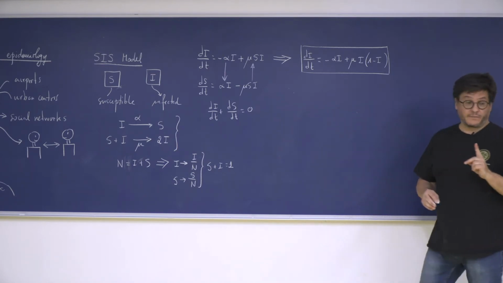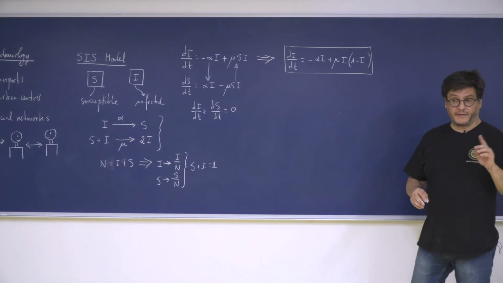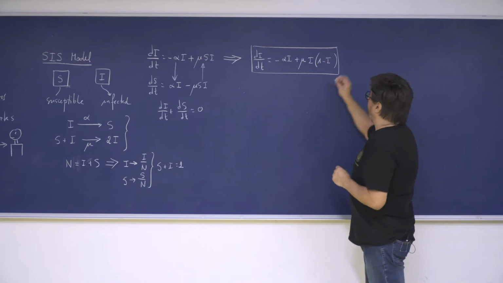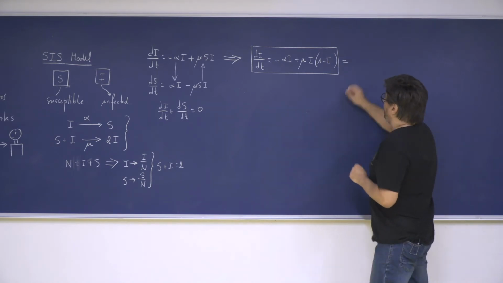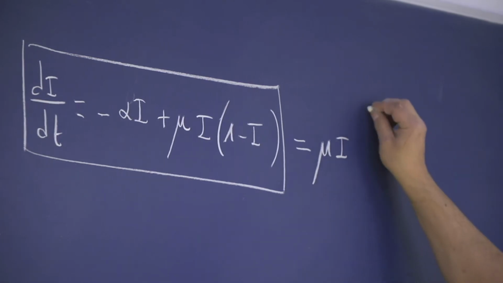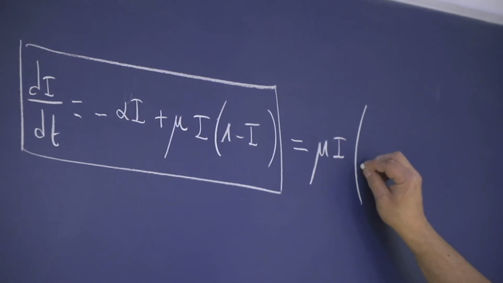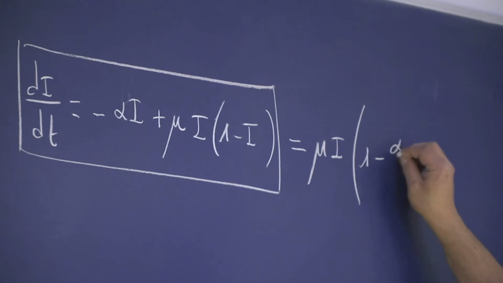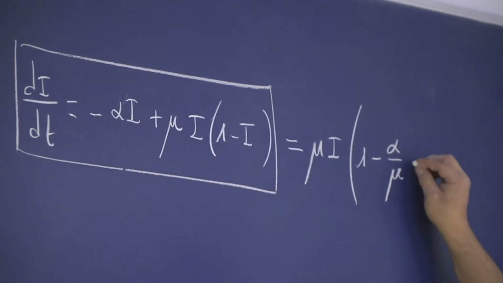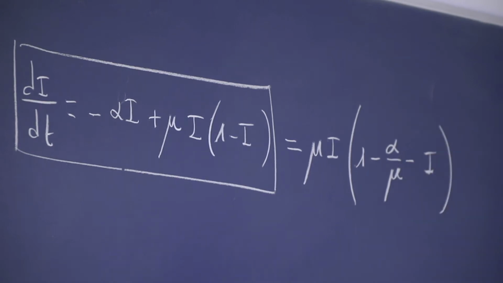Let me point out, remember the importance of finding equivalences between models referring to different phenomena, right? If I write this down slightly differently, I want to put this part here inside the parentheses, right? It would be something like this.